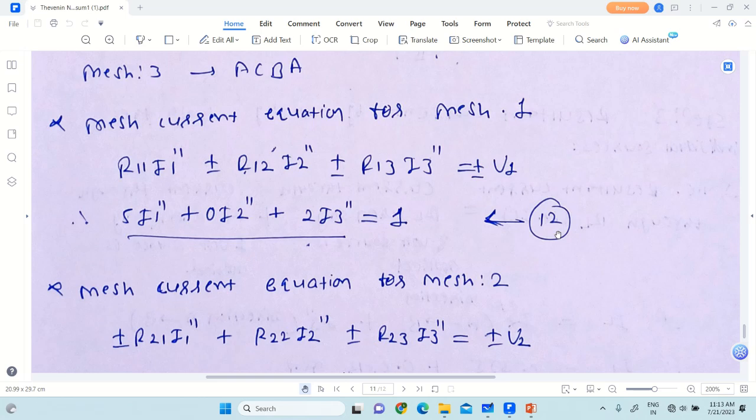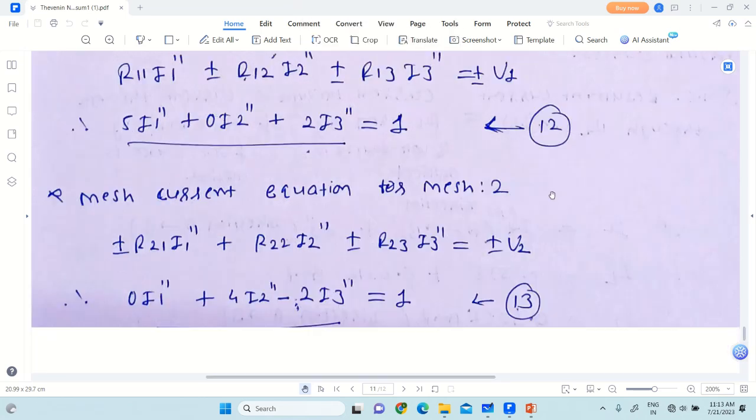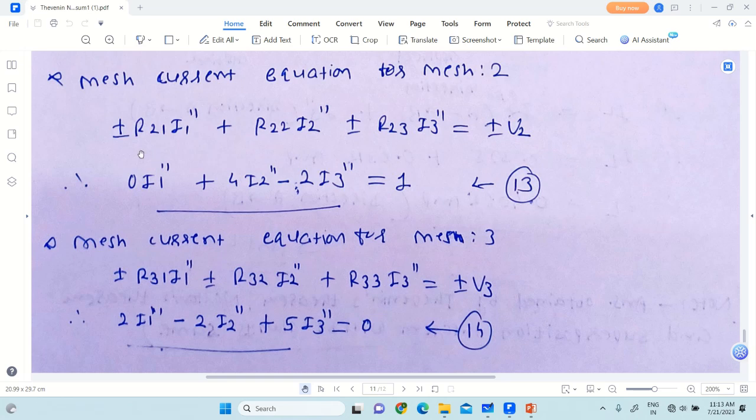Now write down the mesh current equations for mesh number 2. Plus or minus R21 I1 double dash plus R22 I2 double dash plus or minus R32 I3 double dash is equal to plus or minus V2.